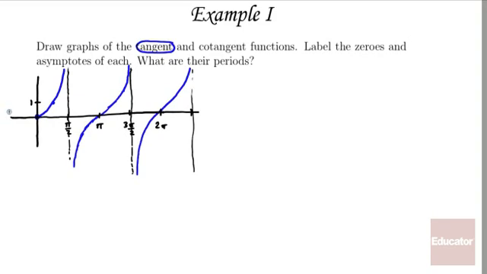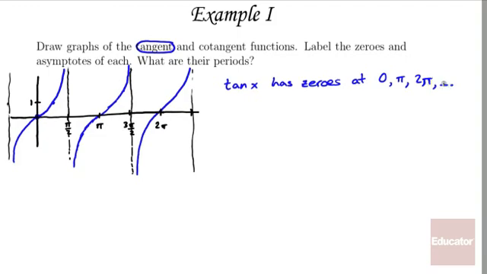So that's what the graph of tangent x looks like. Oops, that should be in blue because I'm drawing my tangent graph in blue. So tangent x has zeros at 0, pi, 2 pi, and so on.